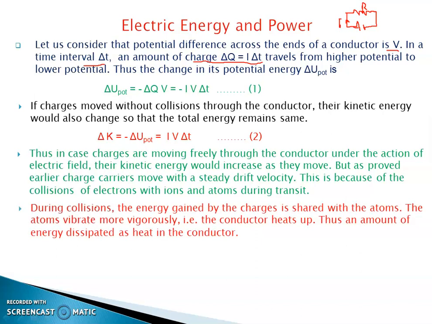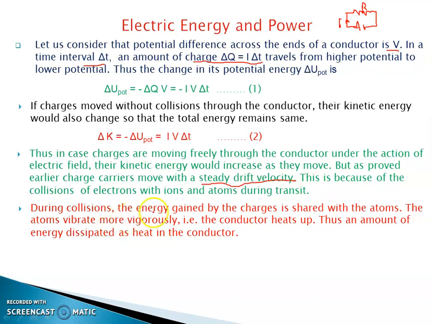Now when electrons move inside the conductor, they frequently collide with the positive ions, fixed positive ions, right? But in the presence of an electric field, they gain a steady drift velocity in a particular direction.